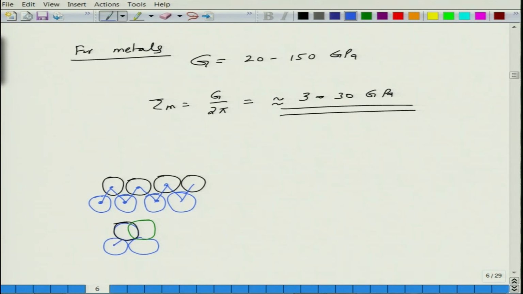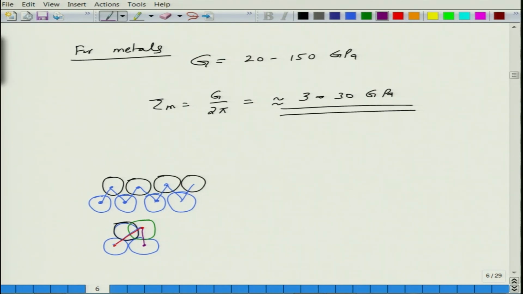The separation between this and this is large. So, we can see that this bond has stretched. On the other hand, this particular bond is of different length. So, you can see that there is an increase in the energy that is required, there is an increase in the energy of the system.